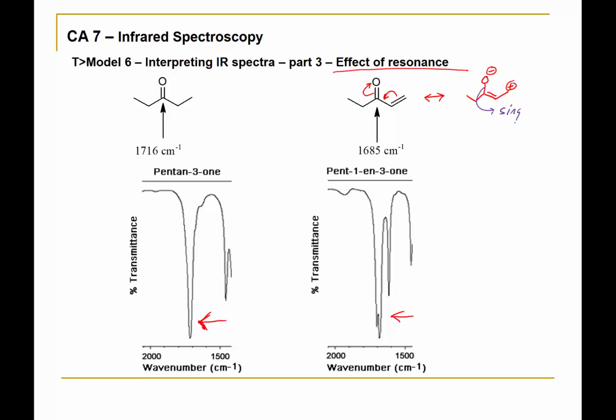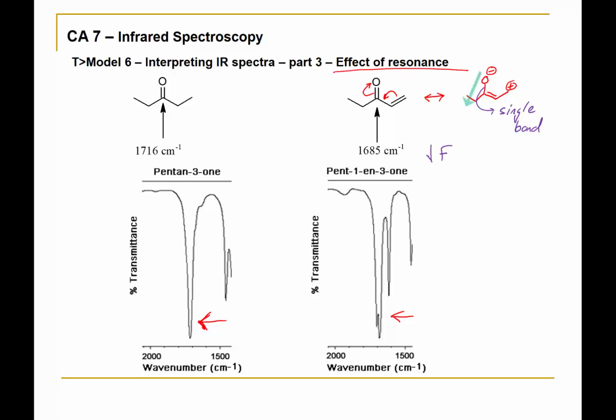Now, of course, it's not that the structure is oscillating between these two different forms. The actual structure is a fusion of both. But we say that there's some single bond character associated with the carbon-oxygen bond, and therefore it's not a full carbon double bond oxygen. Remember that this can impact the force constant, because there's now some single bond character.